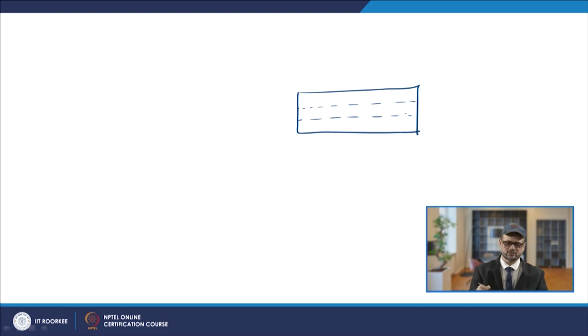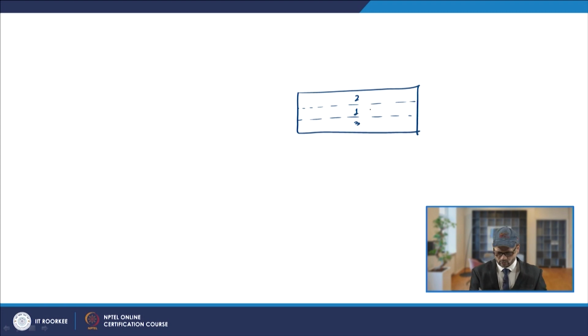If we take this as 1, 2 and 3, and suppose it is subjected to heating, we will talk about the internal stresses which are developed in this plate. So, this is your zone 1, zone 2 and zone 3.